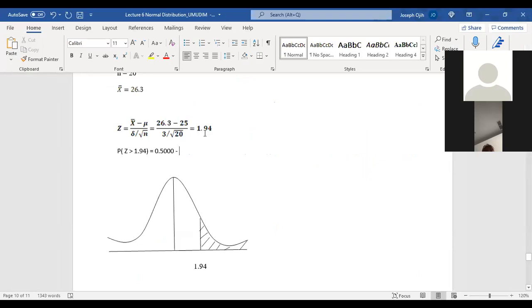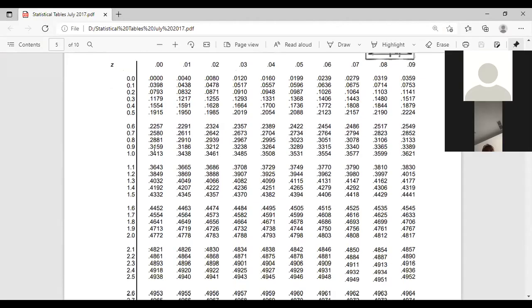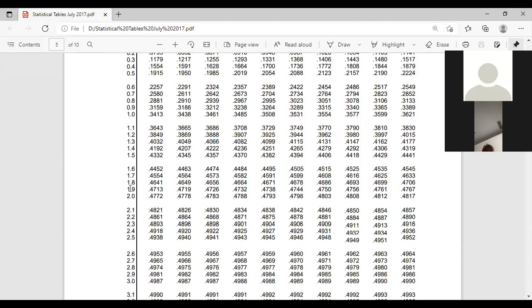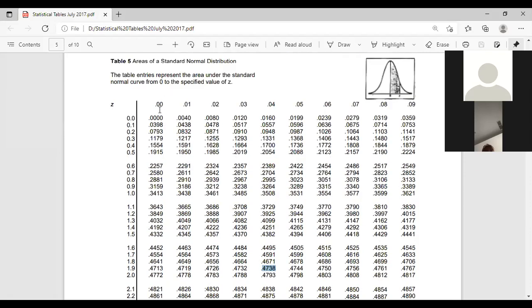Minus, now I look for 1.94 on the table. You go to the table and you see 1.9. See the Z right here, right? So 1.9 is right here. You go under 4. Okay, 1, 2, 3, 4. You notice that I didn't count this one because this one is the zero part of it.